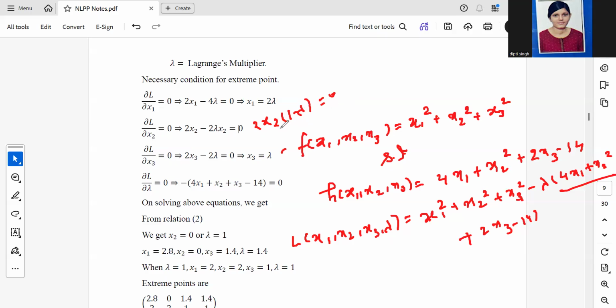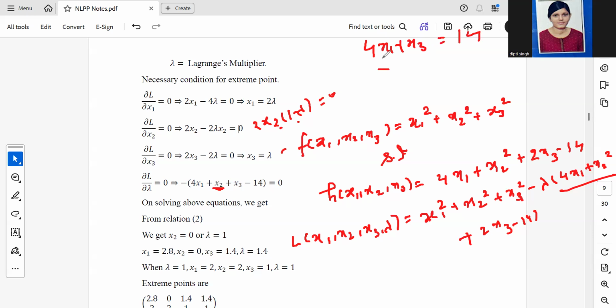Taking the first case, when x2 is 0, we put this in the constraint equation and get 4x1 plus x3 equal to 40.